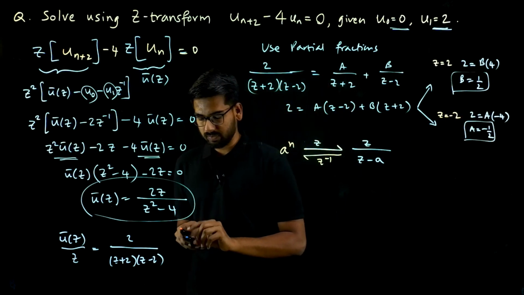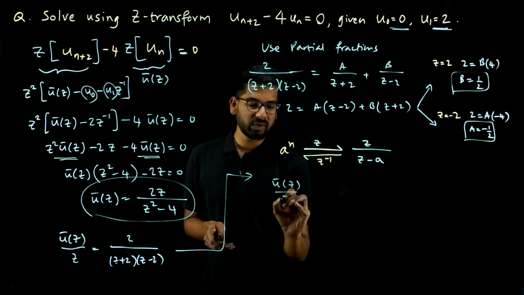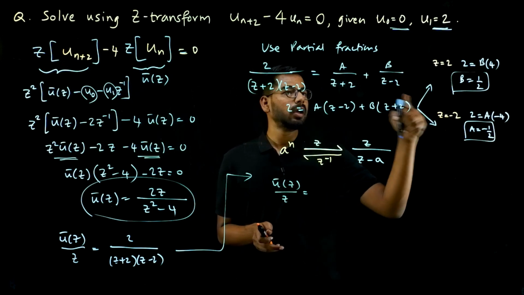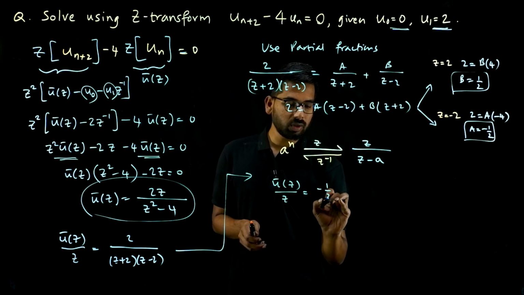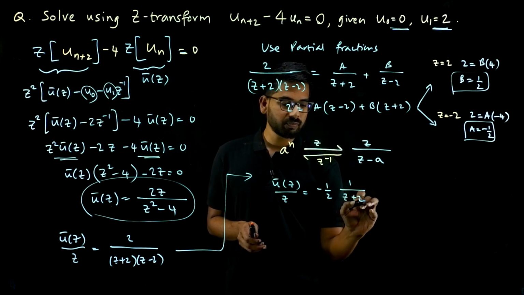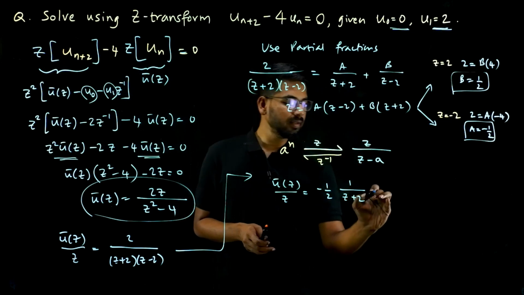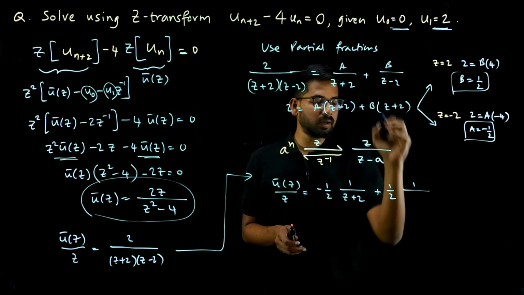So this will become u bar of z over z is equal to a over z plus 2. So a is minus 1 over 2, minus 1 over 2 times 1 over z plus 2, and b is 1 over 2, 1 over z minus 2.